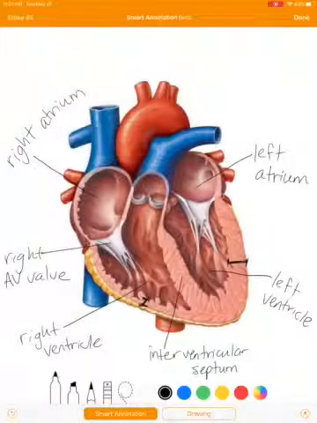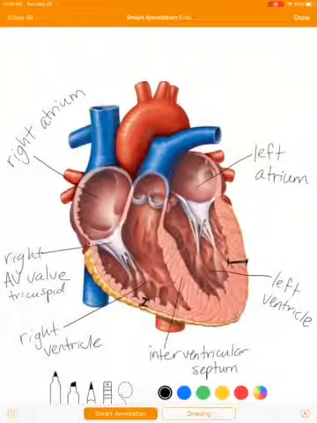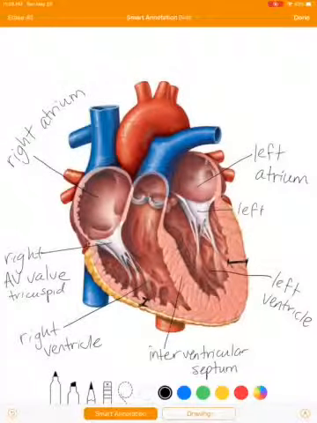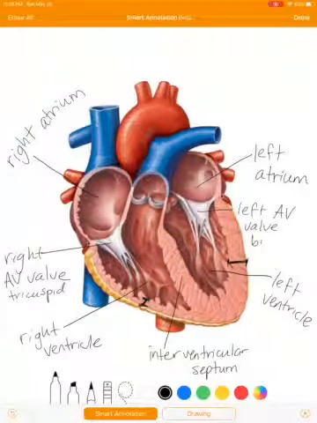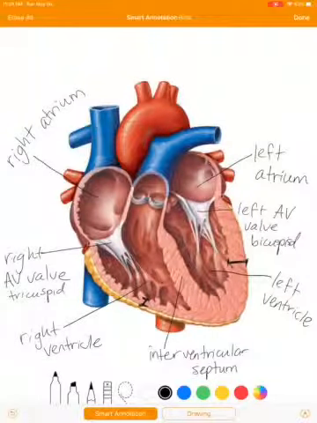Also known as the tricuspid valve. And then on this side we have the left AV valve, also known as the bicuspid or the mitral valve.